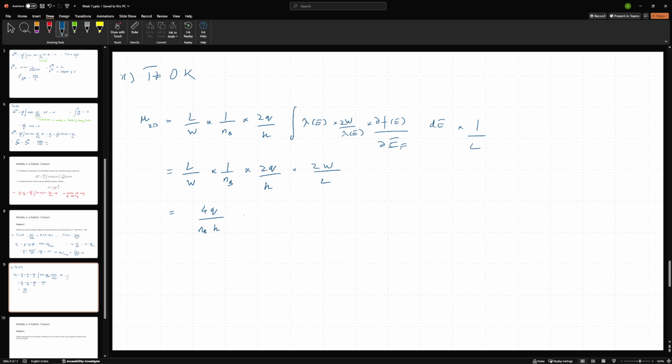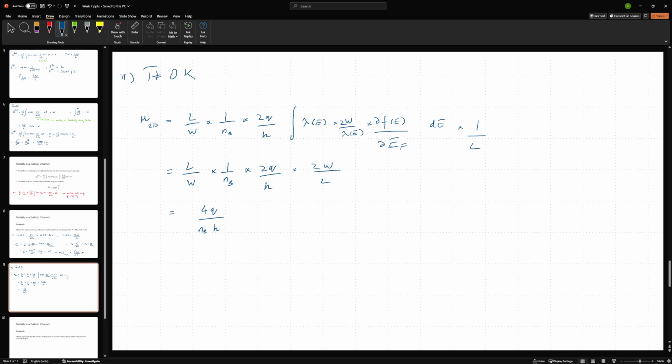You can see that lambda times n is just going to give me twice the width, which is what it's supposed to be, because for every lambda e, the number of modes is the width of the channel divided by lambda e. So if I multiply the two, I'm just going to get twice the width.